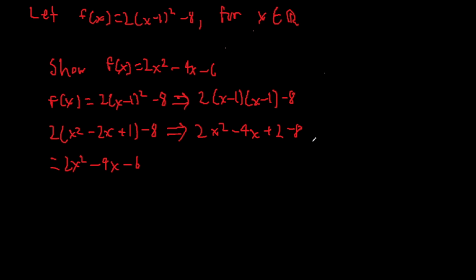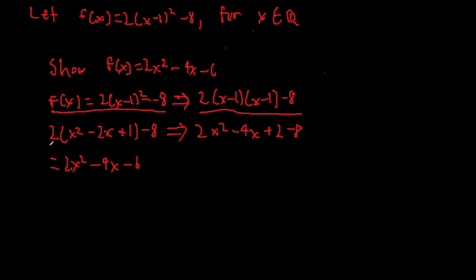And how we do that is we just expand what f of x is. As you can see, I rewrote the equation here, which will turn into 2 times (x minus 1) times (x minus 1) minus 8, because of the squared that we had over here.